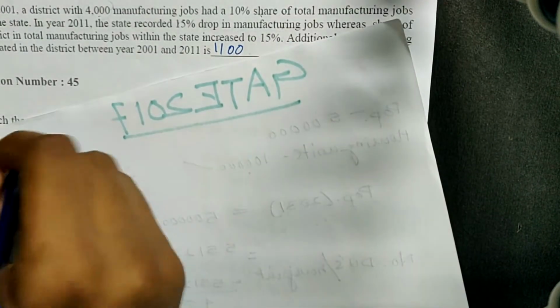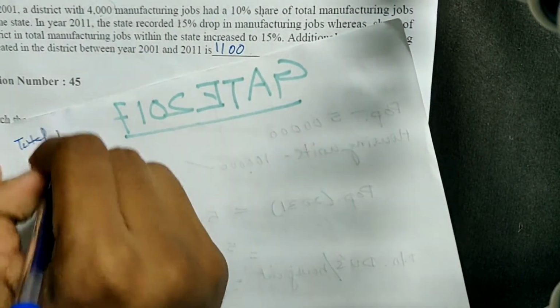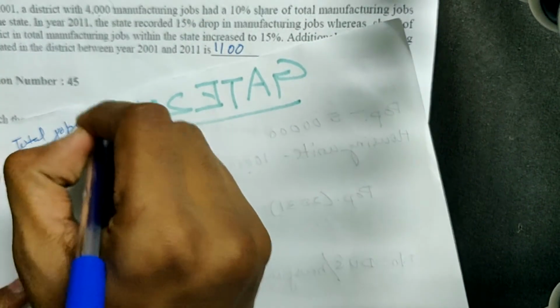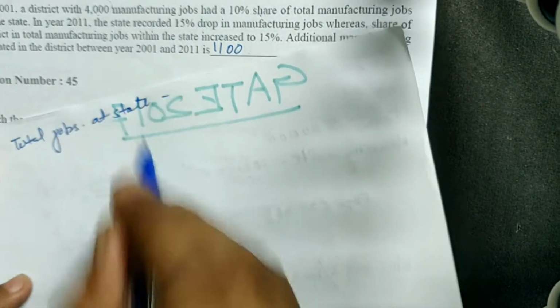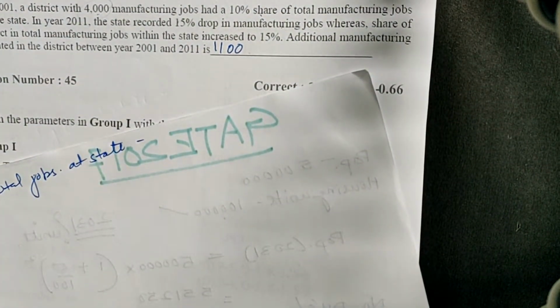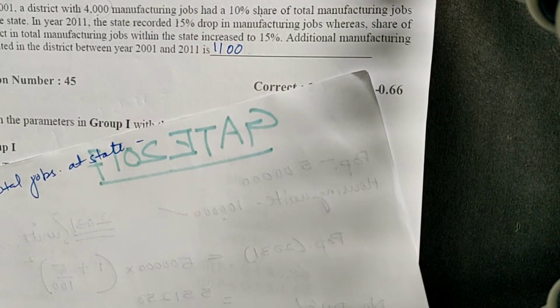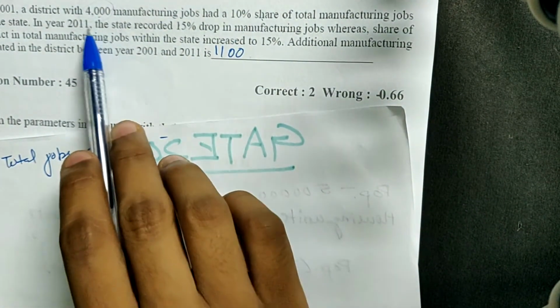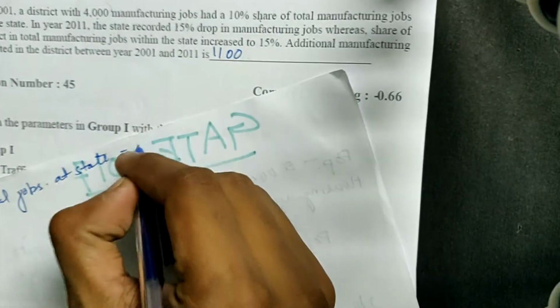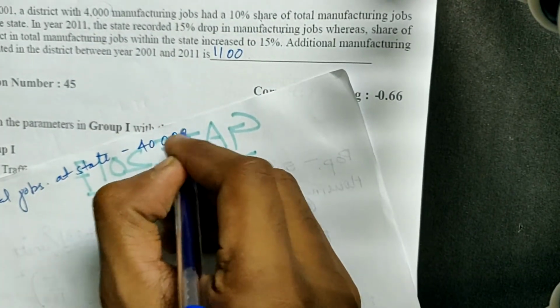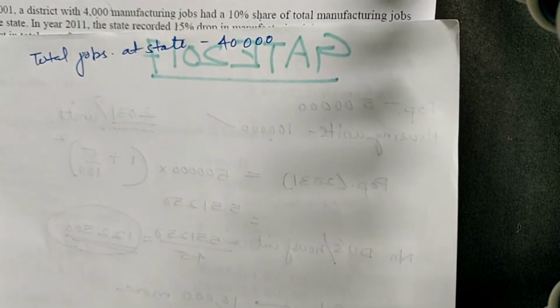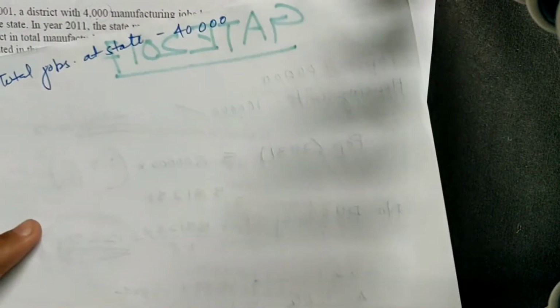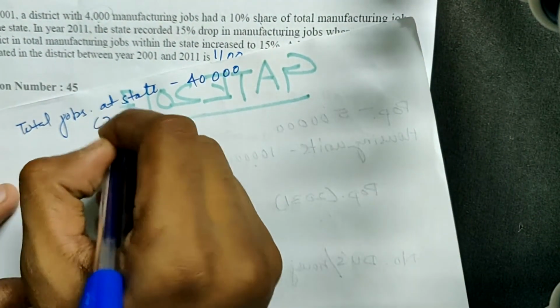So let us first find what were the total jobs available at the state. If 10% of the jobs was 4,000, then the total jobs would be 40,000, obviously multiplied by 10. So this was in 2001.